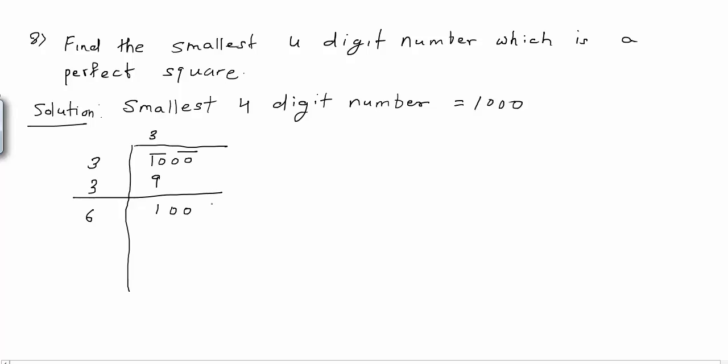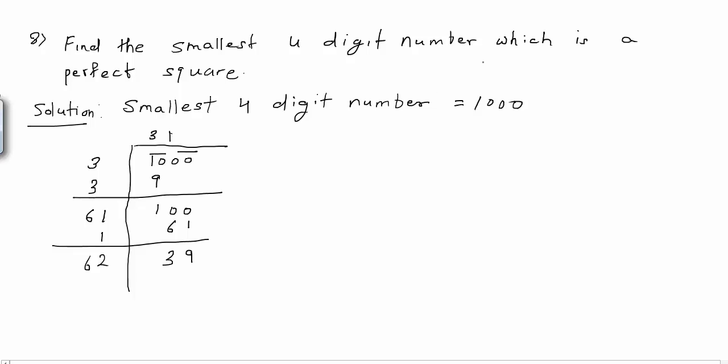Then these two zeros I will take down. Now 6 1, I will put here 1. 1 into 1 is 1, and 6 is 6. This one is added. 10 minus 1 is 9, 9 minus 6 is 3, 13. 1000 is not a perfect square number.